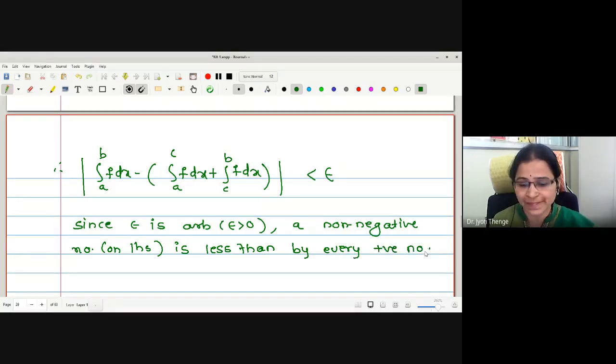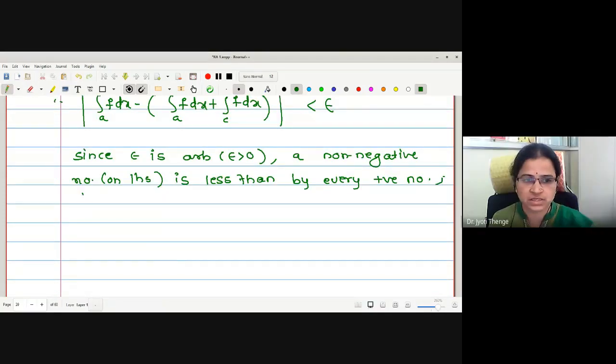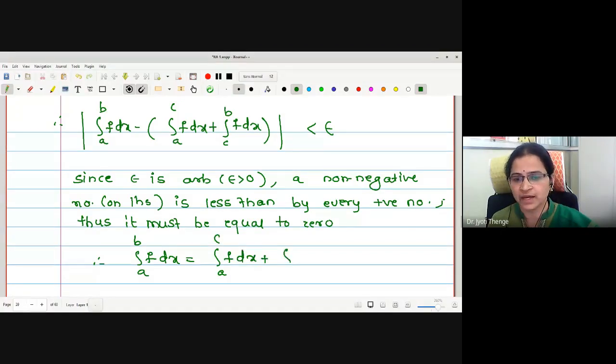Then what is the possibility? It must be equal to 0. Thus this modulus is equal to 0. If it is equal to 0, can I write directly integration a to b f dx is equal to integration a to c f dx plus integration c to b f dx, and hence the proof of the given statement.